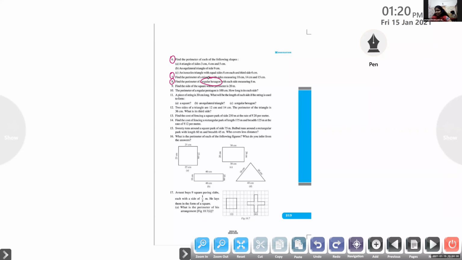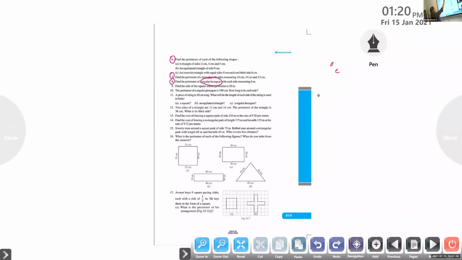For regular shapes, we have one formula that depends upon the number of sides. So 6 into 8 equals 48. So that question's answer is 48.